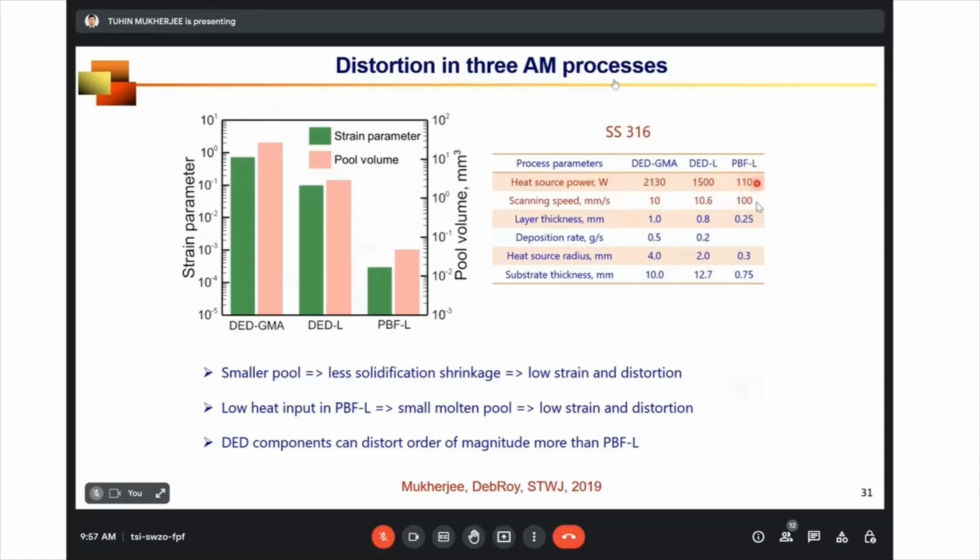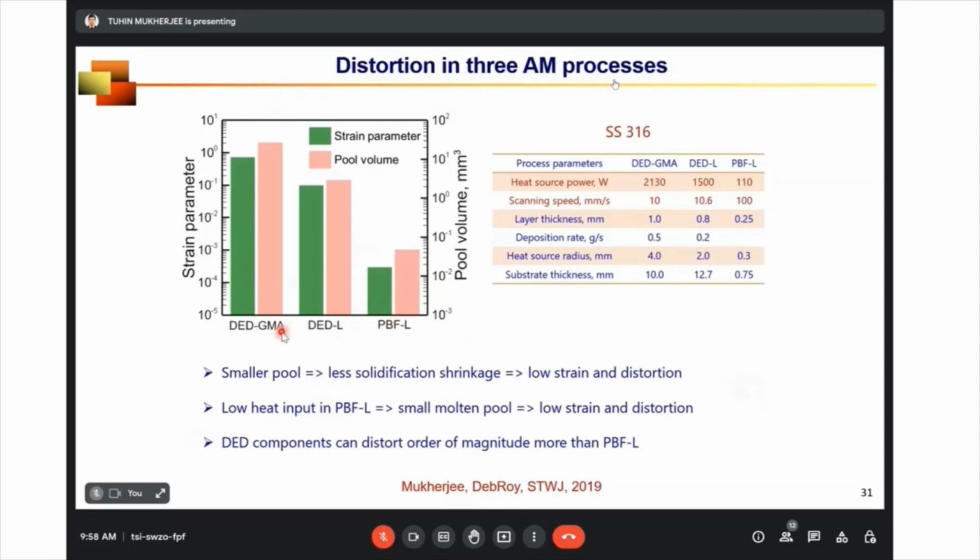The heat input, which is nothing but the laser power divided by the scanning speed, is very small compared to the other processes. So the pool volume is small, and a smaller pool shrinks less during the solidification and distorts the part less. That's why you can see the strain parameter for powder bed is significantly less compared to other processes.